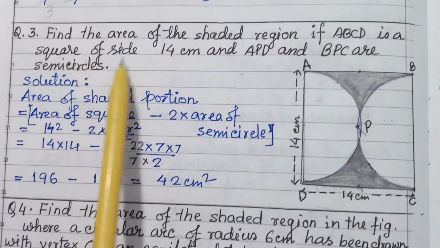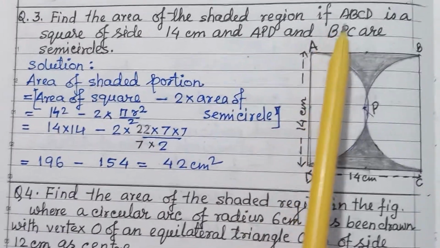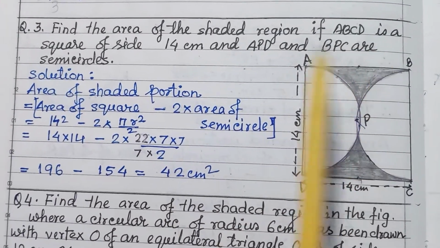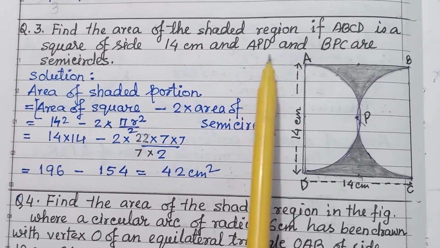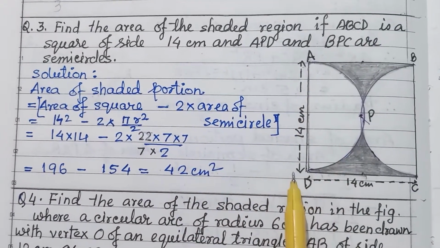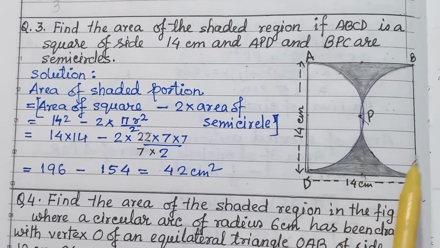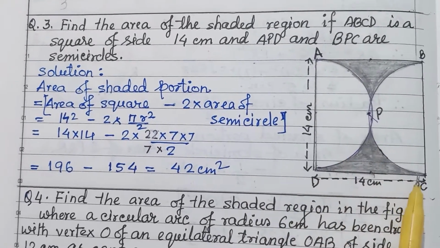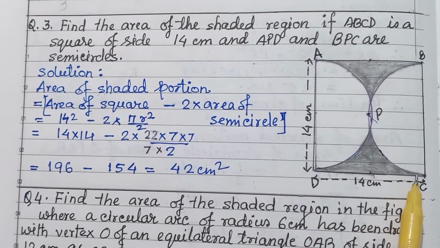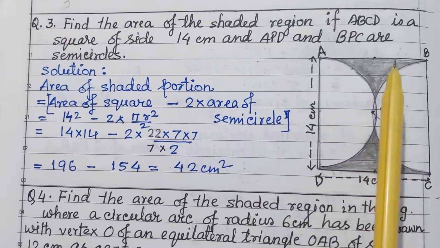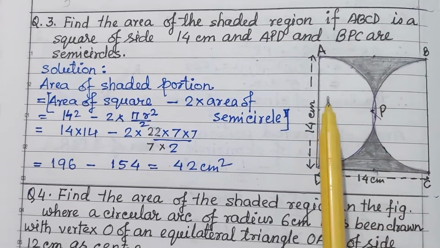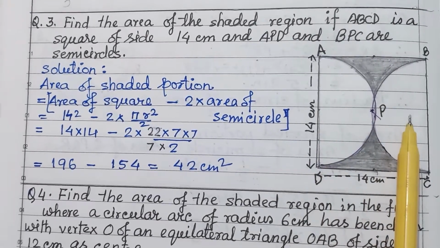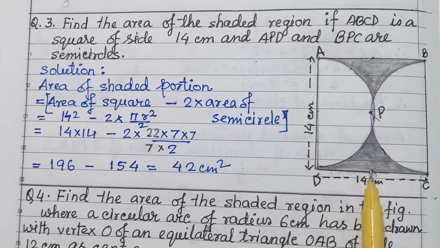Question number 3. Find the area of the shaded region if ABCD is a square of side 14 centimeter and APD and BPC are semicircles. Now the area of the square minus the area of two semicircles is equal to the area of the shaded part.